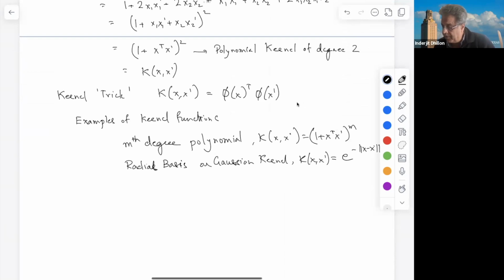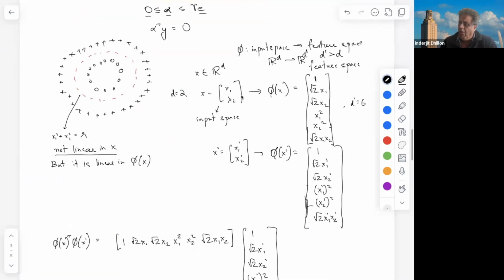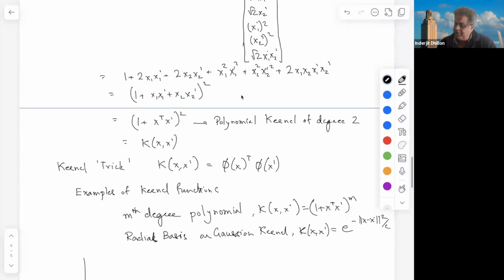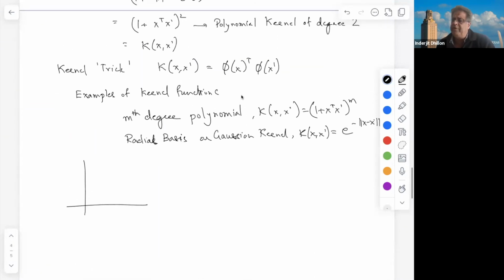Okay, let me talk a little bit about a data set. This is the two concentric circles data set. There's also a popular data set called the XOR data set. So you have class 0 over here, and then you have class 1 over here.